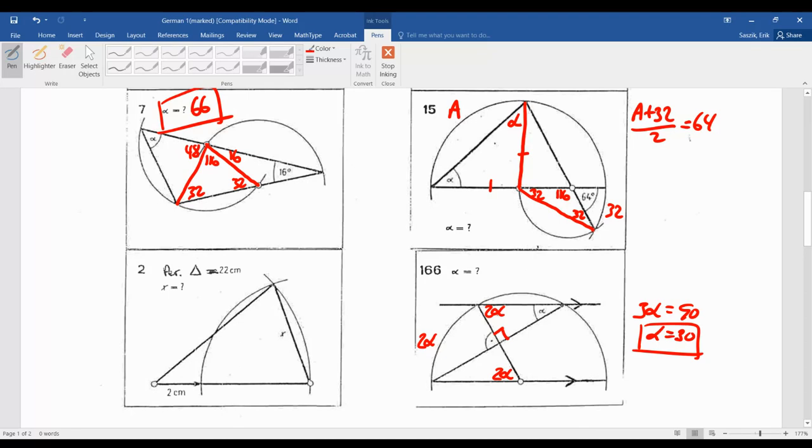Okay, so if you solve that, you end up getting A equals 96. Now, if A is 96, then I think everything kind of falls into place, right? If A is 96, that's 96. This triangle is isosceles, so alpha ends up being 42.